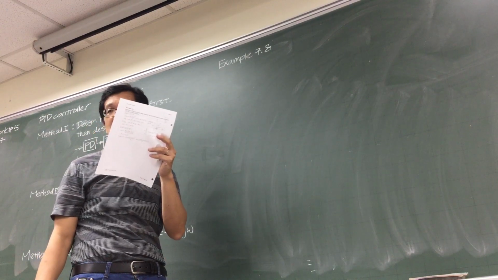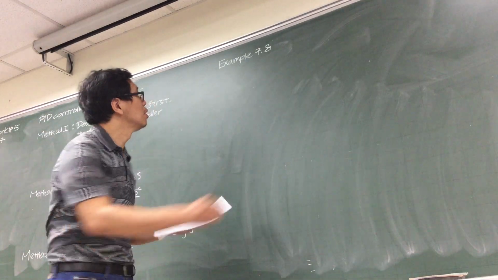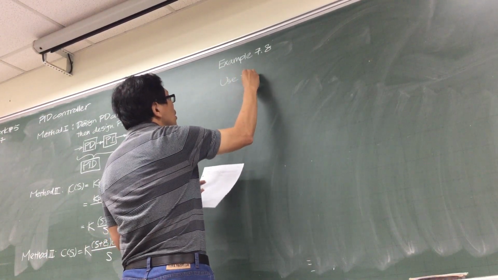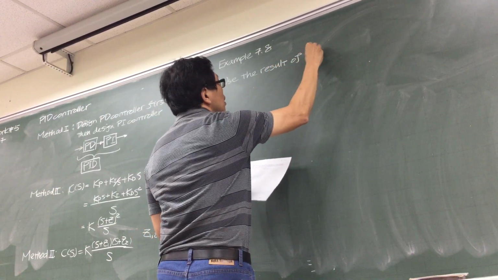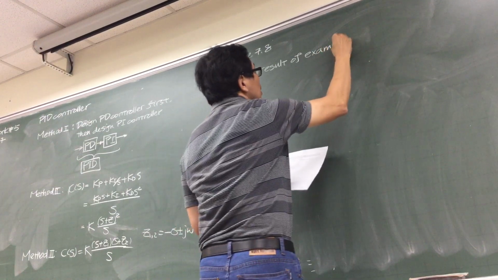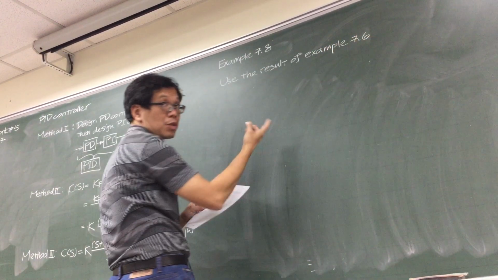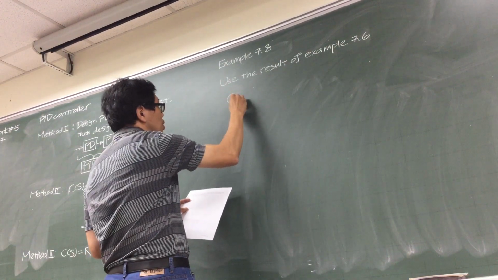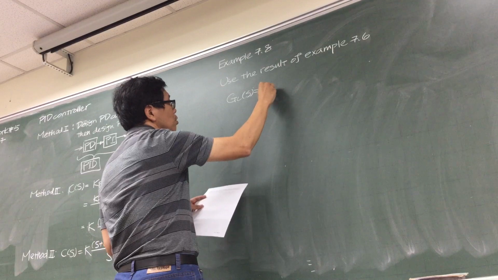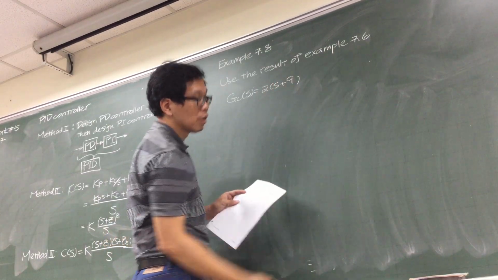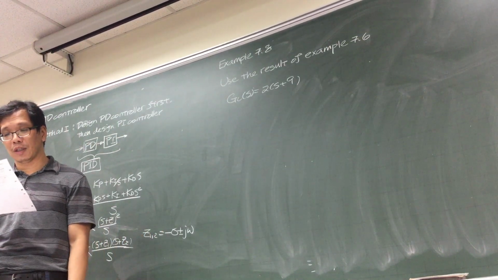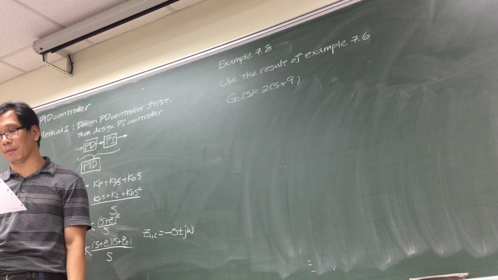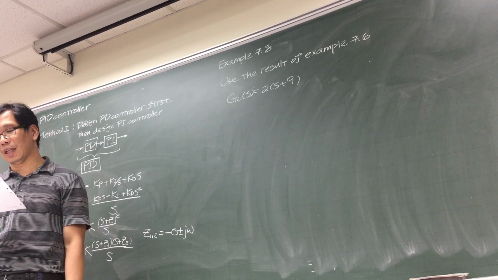So we're going to use the result we already have from 7.6. What is the result? We got our controller equal to what? 2s plus 9. Am I right? So if a PI controller GI is (s plus 0.1) divided by s, find the corresponding PID controller and use MATLAB to plot the result and compare that with a PD controller.